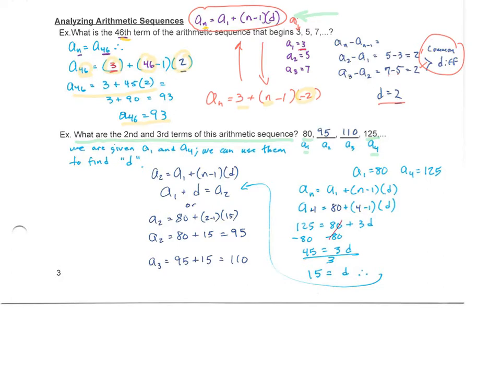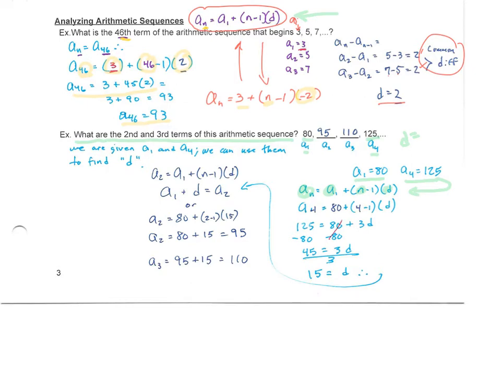What I'm missing here is the common difference. I do not know what the value of d is, but I can take in a_1 and a_4 and plug it back into my formula and figure out what d is, because I have three unknowns here: I do not know a_n, a_1, or d.